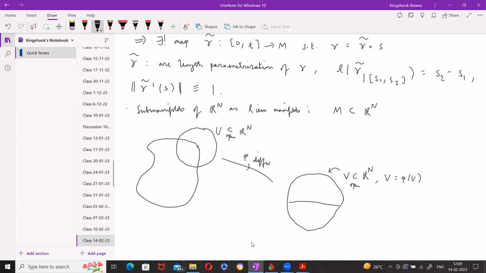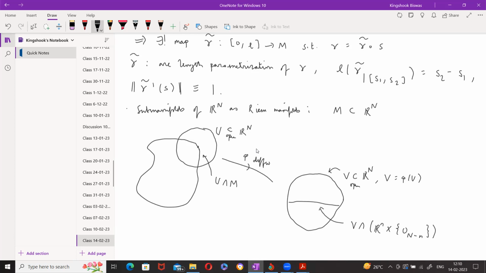And this thing here is going to be the image of this part here. So this part here is U intersect M. This maps to a straight piece here, which is V intersect R little n cross zero vector of size N minus n.